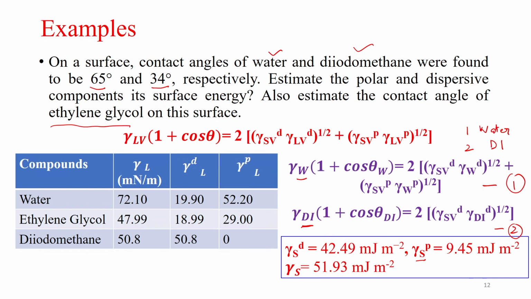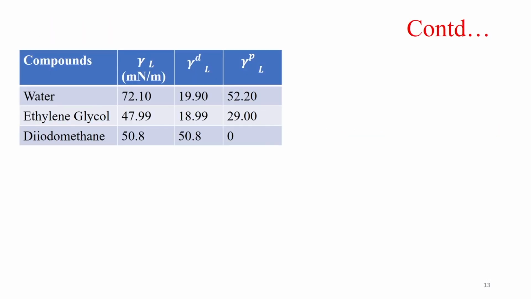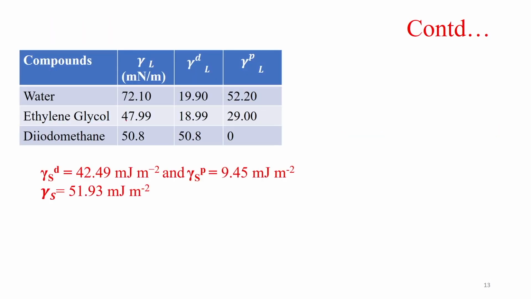Now, once this surface energy of solid is known, what we have to again calculate is the contact angle of another liquid. So, here surface energy of liquid is known. So, gamma SV is known, gamma LV is known. So, we can easily calculate the contact angle. For the liquid, gamma LV is known, for the solid gamma SV is known, and their polar and dispersive components are also known.